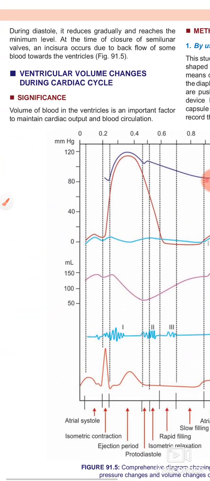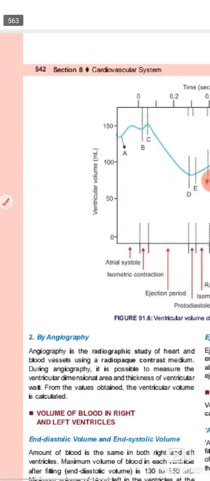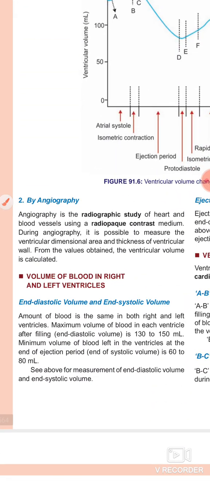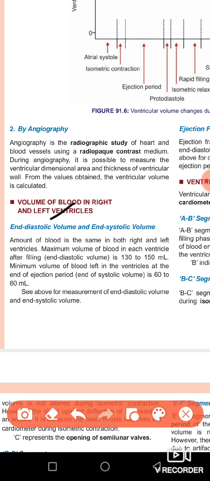Next is the ventricular volume changes. The volume of the ventricles is an important factor in maintaining the cardiac output, and it is measured by the use of a cardiometer and angiography. The volume of the left and right ventricles is measured as the end diastolic and end systolic volume. The amount of blood is the same in both the left and right ventricle.